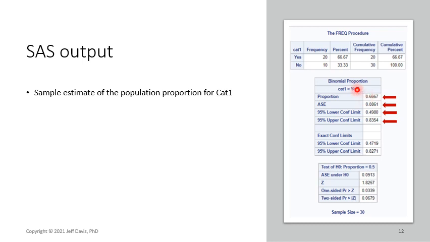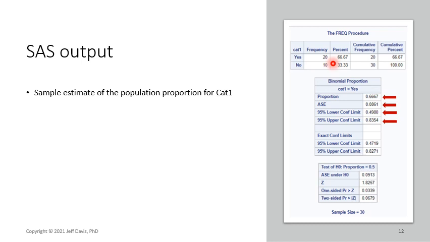We could tell SAS with a simple change in the program to select no as the focal value, but it will automatically take the value for the variable that corresponds to the lowest numeric value.